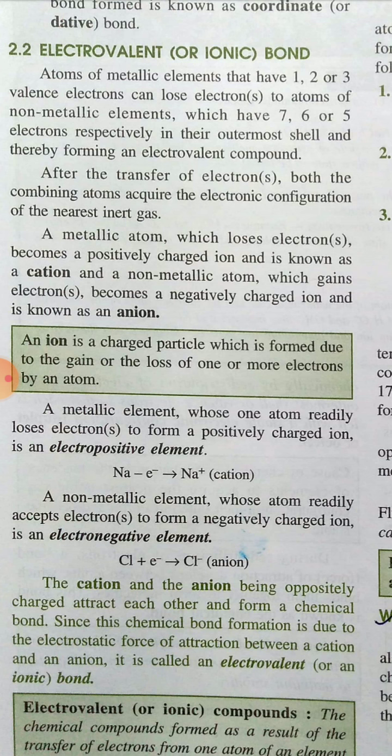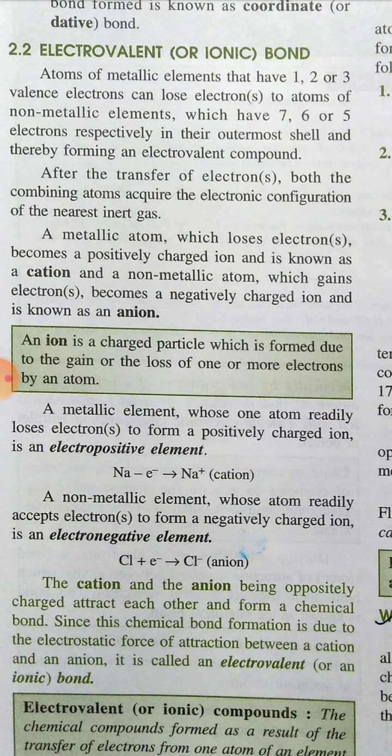So what is an ion? An ion is a charged particle which is formed due to gain or loss of one or more electrons. Generally, cations form after releasing electrons, and anions form after gaining electrons.